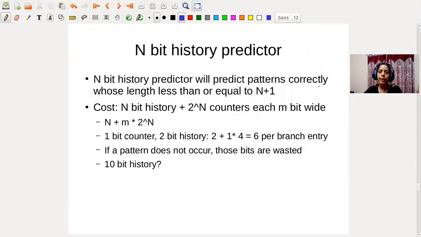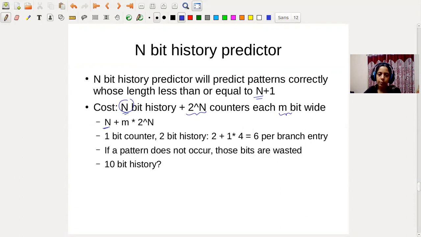And if you have an n-bit history predictor, then we know that the n-bit history predictor will predict patterns correctly for length which is less than or equal to n plus 1. So what is the cost of this predictor? It is going to have an n-bit history, and in addition, the n-bit history is going to index into 2 power n counters, and each of these counters can be m bits wide.